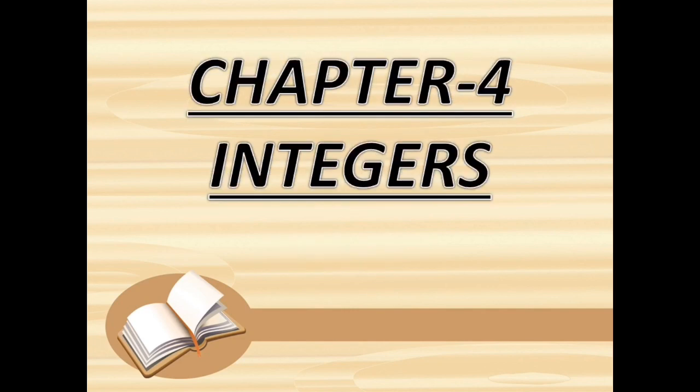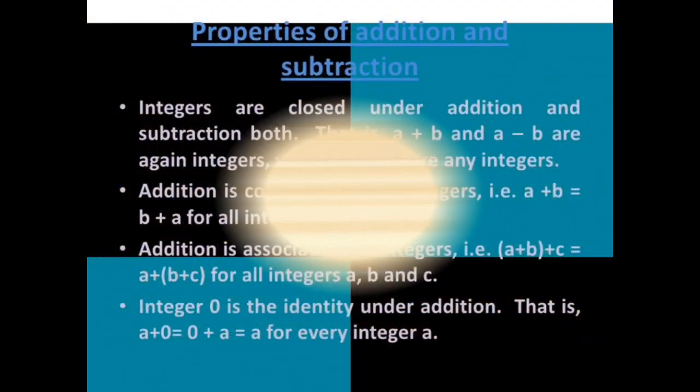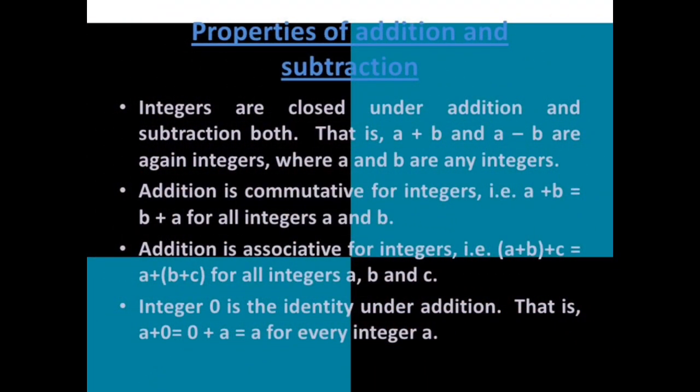Now students, we were doing our chapter number 4, integers. In our previous videos, we learnt about the properties of addition and subtraction. We learnt that integers are closed under both addition and subtraction.